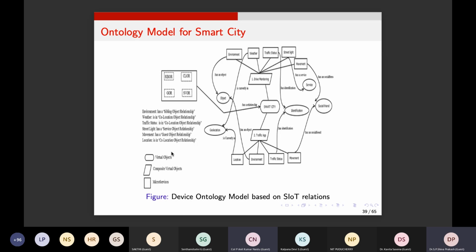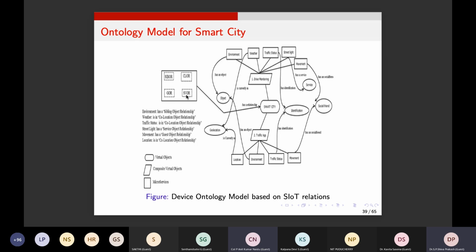Now, this application is a smart city, and the smart city has a set of relations, like the sibling object relationship, co-location object relationship, guest object relationship, and also service object relationship.